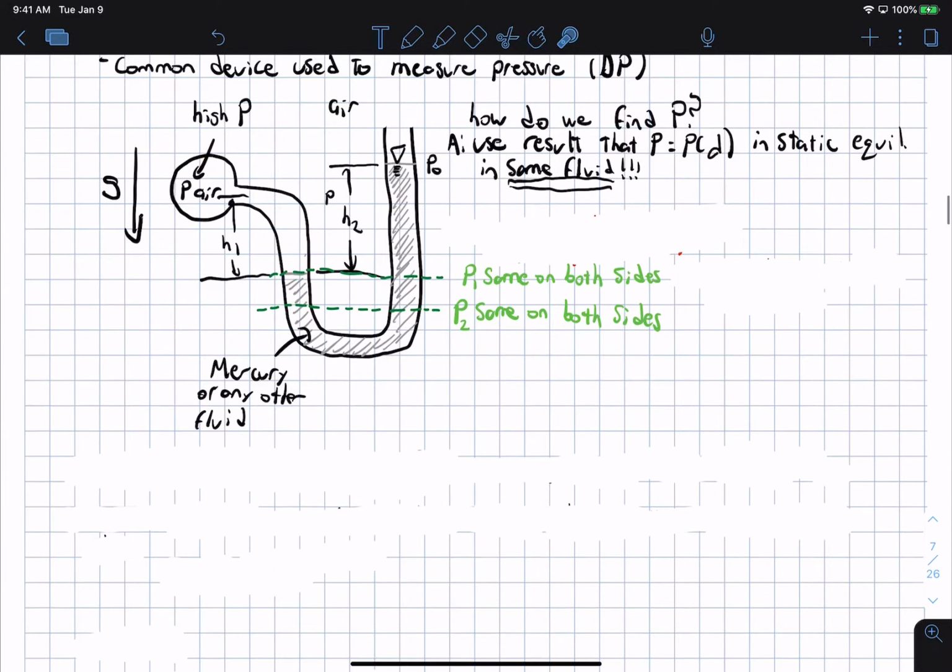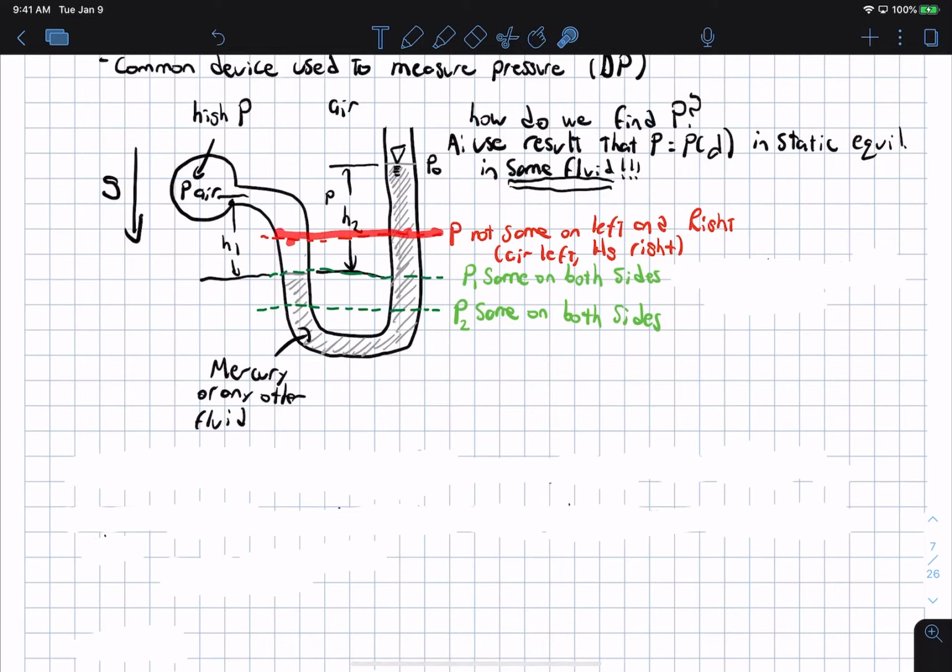So if I have a line here, I'm going to make that in red, the pressure here is not the same as it is over here. Even though it's the same here as it is over here, it is not the same here as it is over here, because at our line of constant elevation, we have crossed into a different fluid. You can think of that as going down, and let's say this is mercury here, so that's a super heavy fluid.